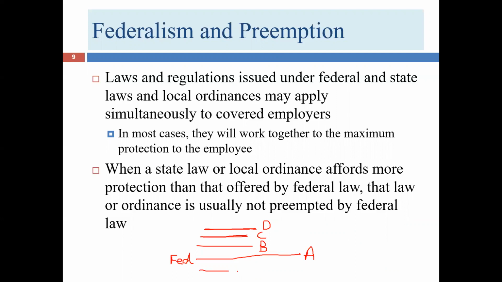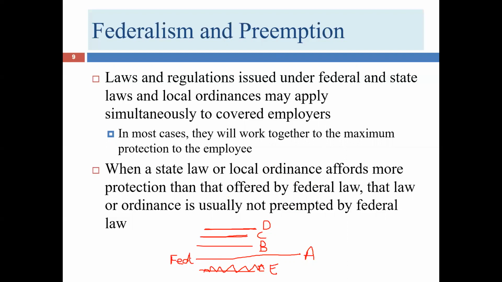Well, let's imagine we had State E, whose protections were less than federal law. Well, that doesn't apply to anybody because the federal law provides a guaranteed minimum level of protection. So that's how it works 95% of the time. We say that law E down here is preempted by federal law.